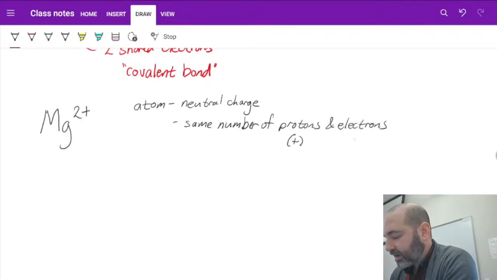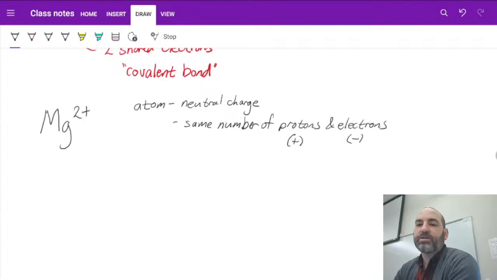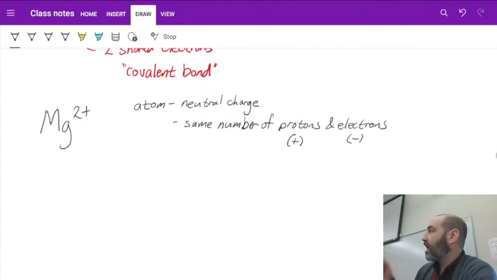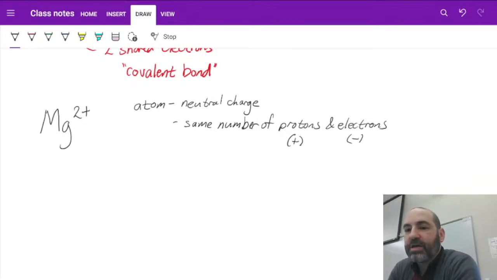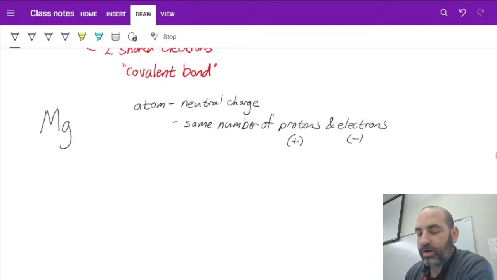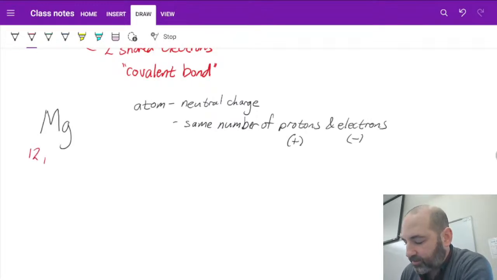And remember, protons are positively charged, electrons are negatively charged. A magnesium atom is element number 12 on the periodic table, which means it has 12 protons. So a neutral magnesium atom would have 12 protons and 12 electrons.